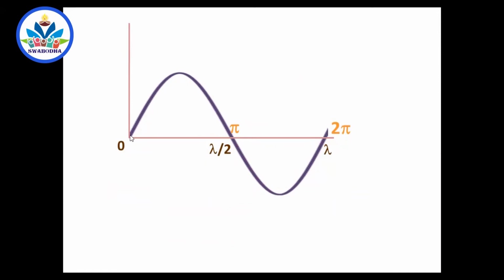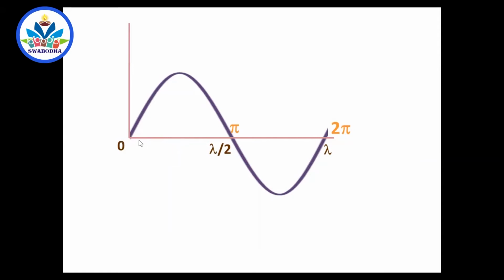Two particles at a distance of lambda by 2 have a phase difference of pi. Two particles at a distance of lambda have a phase difference of 2 pi, 360 degrees. Two particles at a distance of lambda by 4, one fourth of lambda, must have a phase difference of pi by 2.